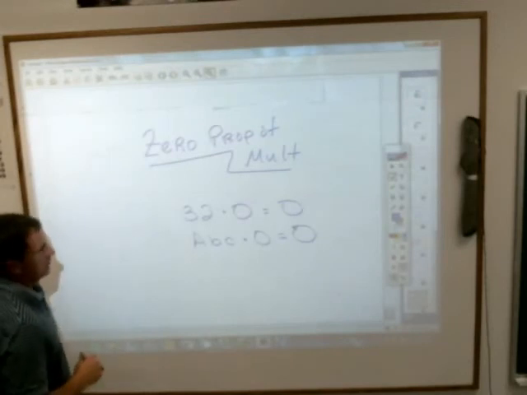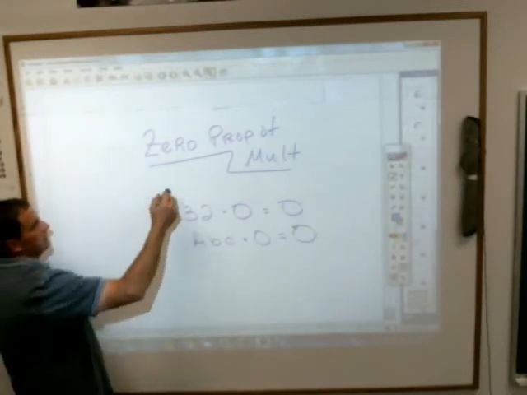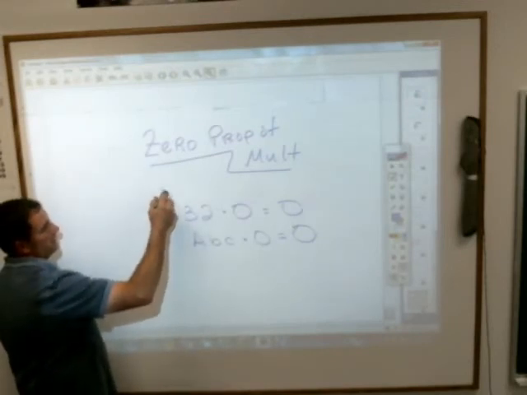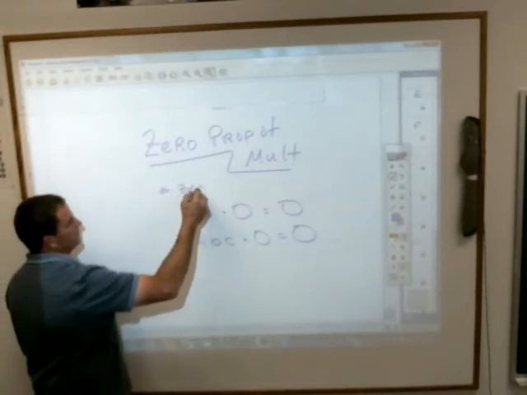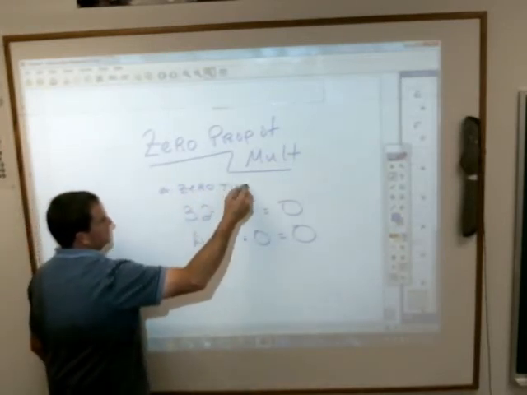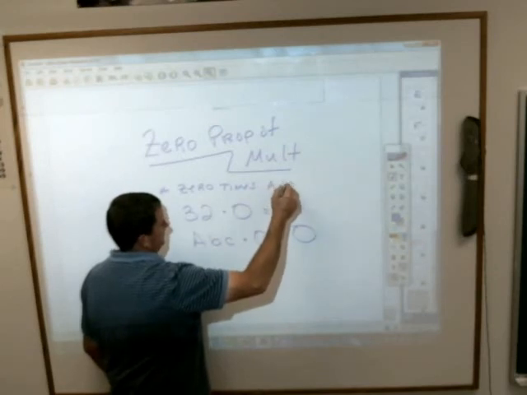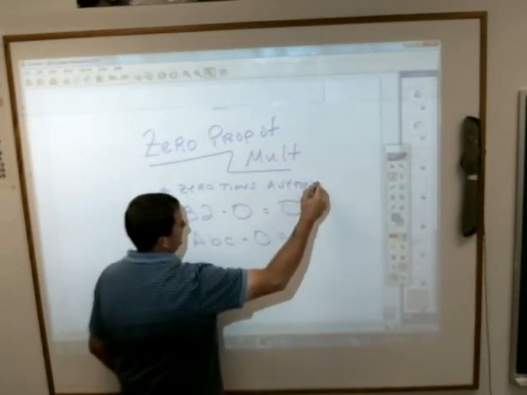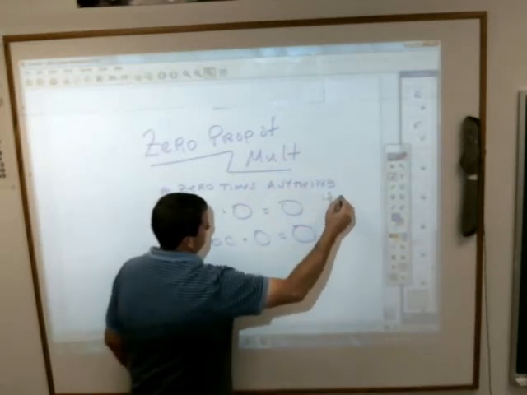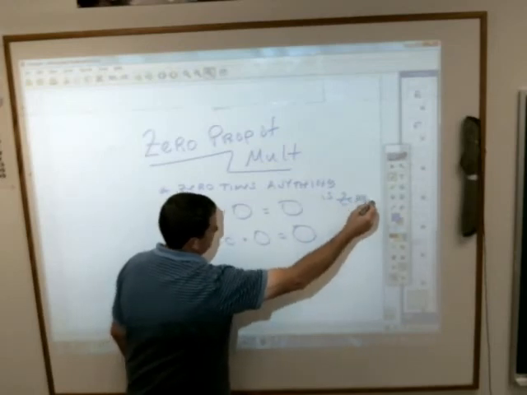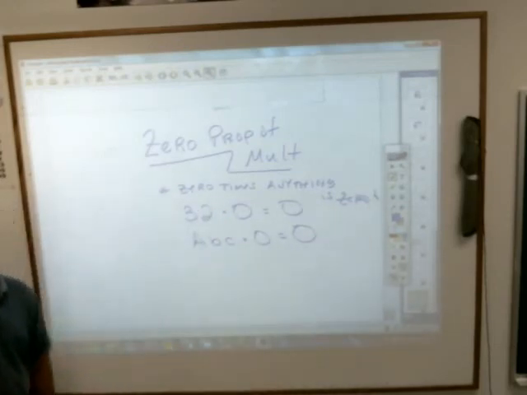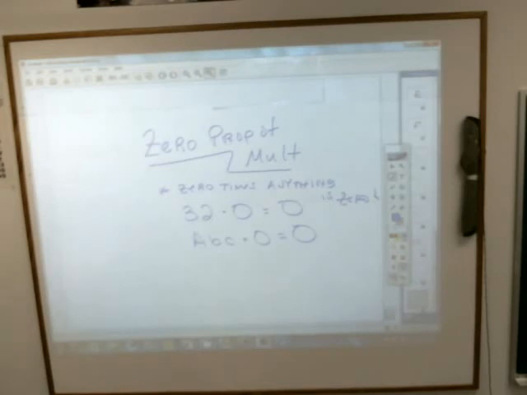So the 0 property of multiplication simply says that 0 times anything is 0.